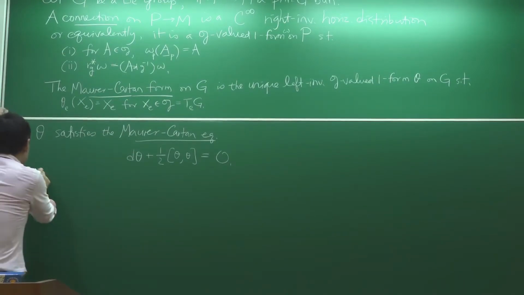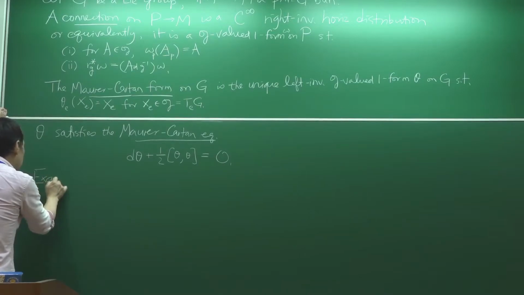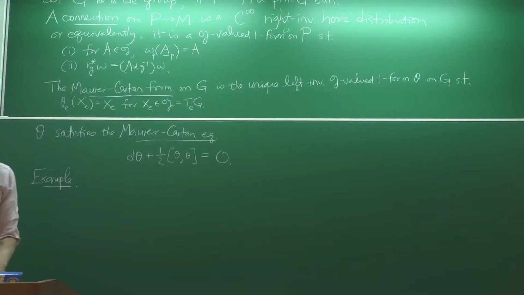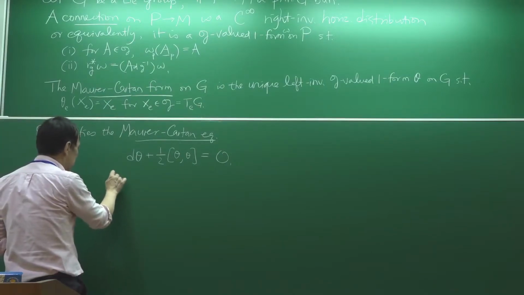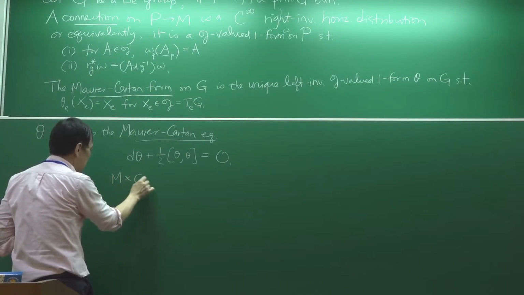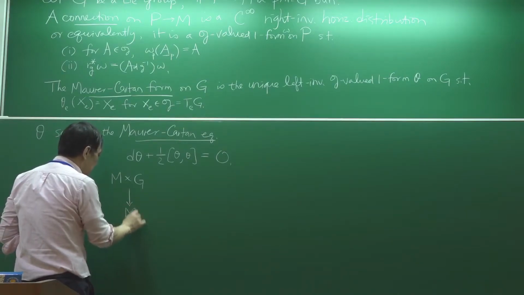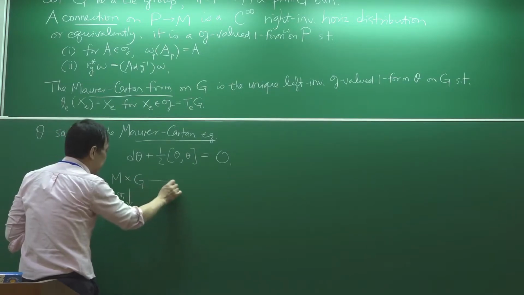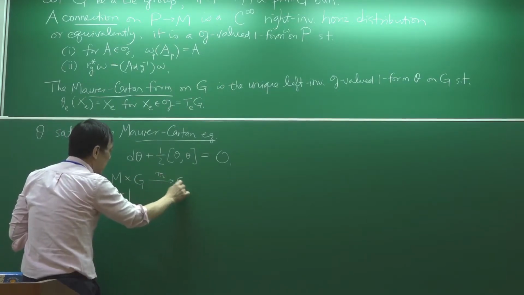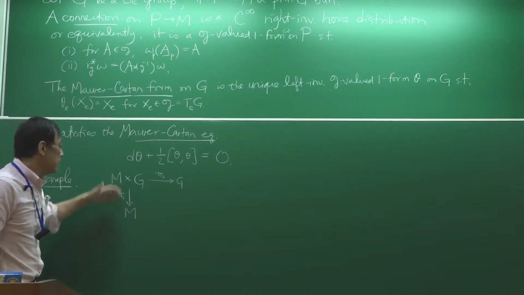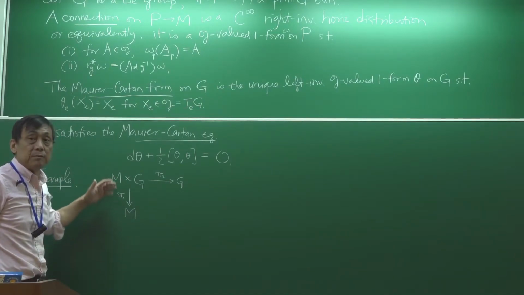Okay, so now suppose we look at the product bundle. So on the product bundle, there are two projections, pi 1 and pi 2. And pi 1 gives you a principal G bundle.